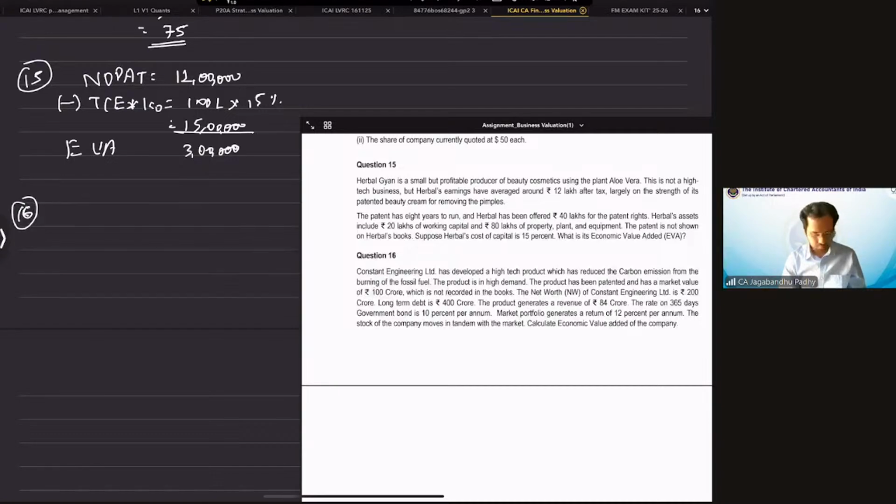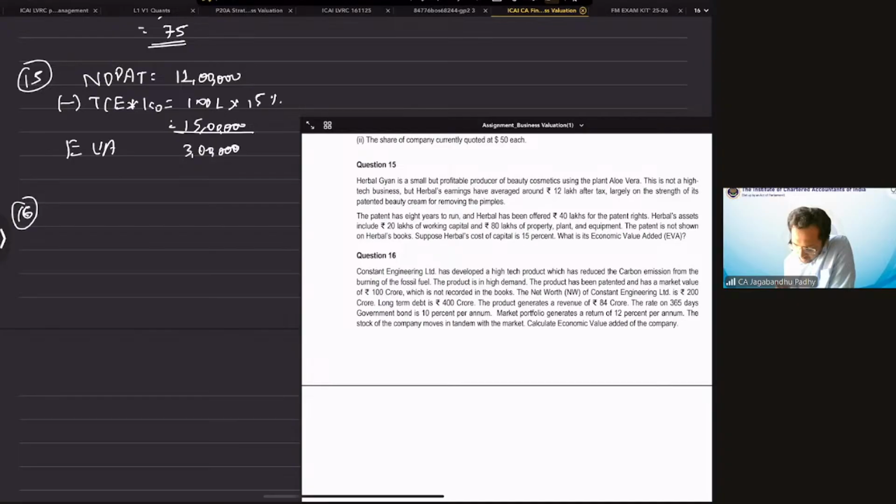Sir, the patent was not taken in the 15th question. Patent value in the total assets? Total assets does not include patent value.